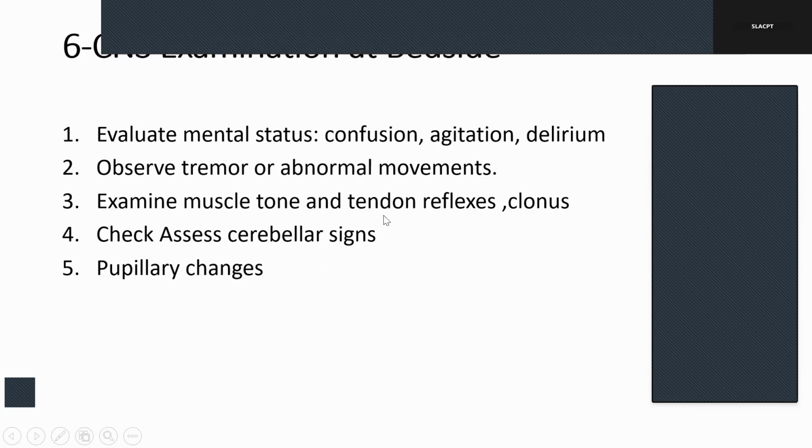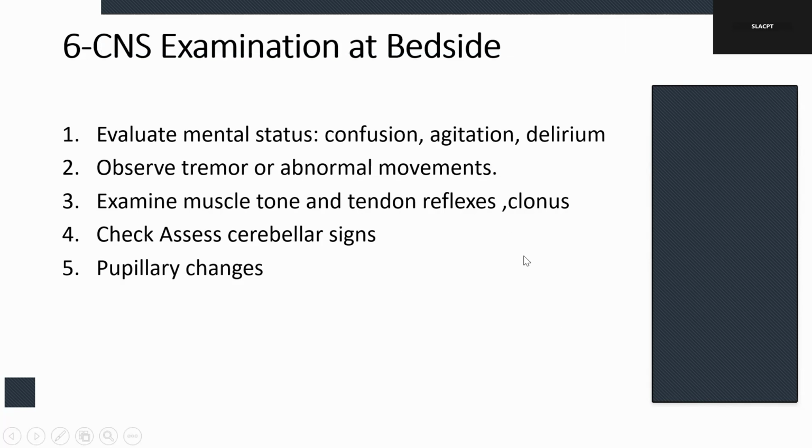Tendon reflexes in the lower limbs are very important in serotonin syndrome. If tendon reflexes are brisk, elicit the clonus also, right? In addition, cerebellar sign assessment. There are various cerebellar signs; I'm not going to discuss them in detail. They are easily elicitable clinical signs at our clinical medicine bedside.